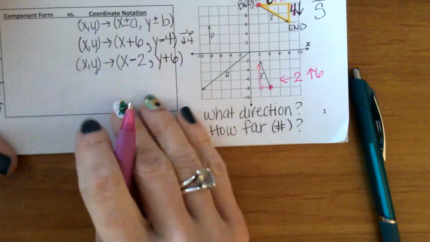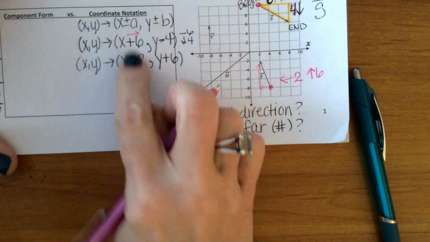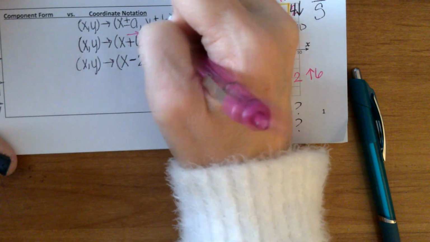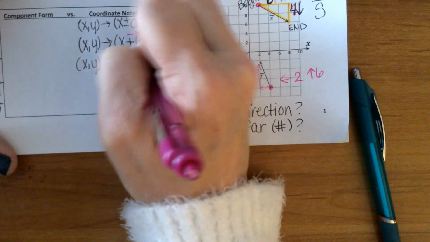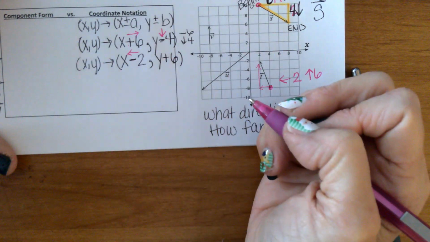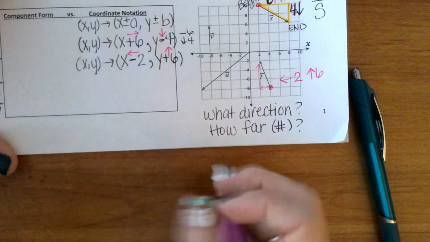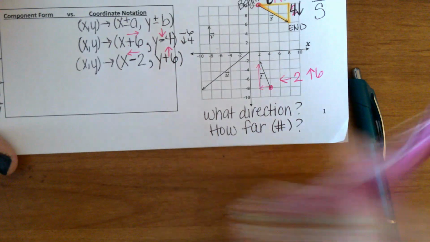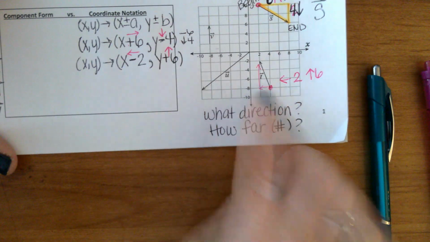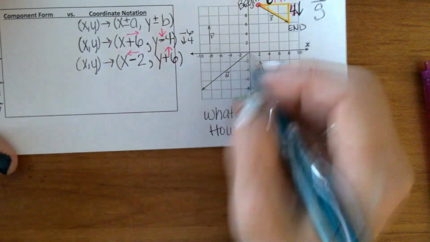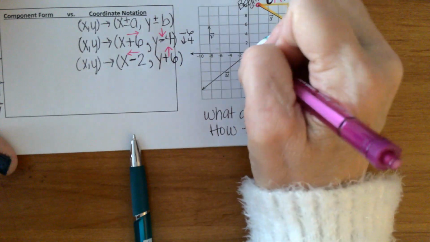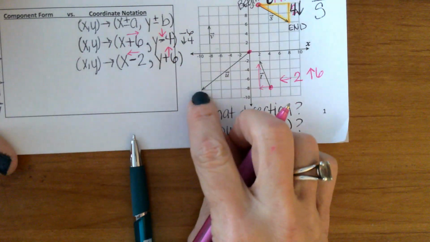You could also double check. A positive 6 is going in that direction on the number line. Negative 4 is going down. Negative 2 is going that way on a number line, and 6 is going up. So you can always write some directional arrows to help you check your work. So that was T. All right, let's do U. Here's the beginning, and here's the end.